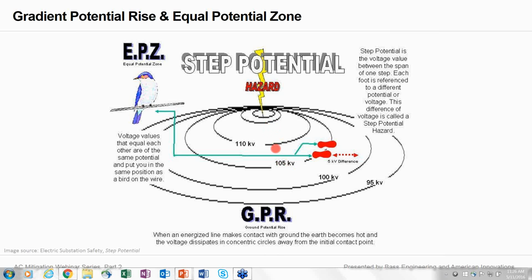It would not be unusual to see a 5,000 volt difference between maybe a span of 3 feet. So that term step potential, that's what that refers to. Again, here you can see another 5,000 volt difference, and then another one here. So it's critical that we be able to control those gradients near where those hazards could exist.